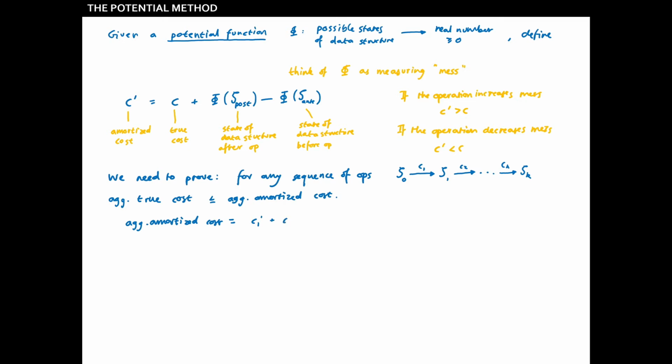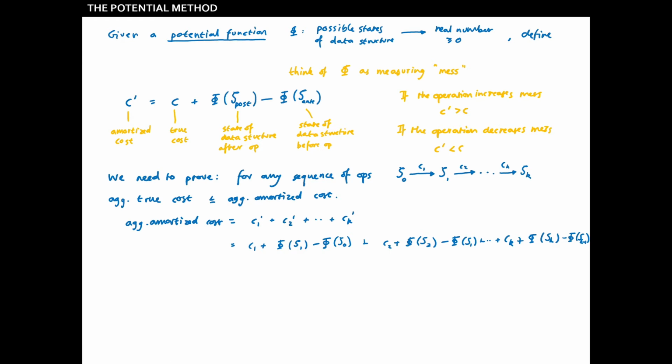C1 prime plus C2 prime plus ... plus CK prime, which, using the definition, is equal to C1 plus the potential associated with state S1 minus the potential associated with state S0, plus the amortized cost of operation 2, C2 plus the potential phi associated with state S2 minus the potential phi associated with state S1, plus ... plus CK plus phi of SK minus phi of SK minus 1.